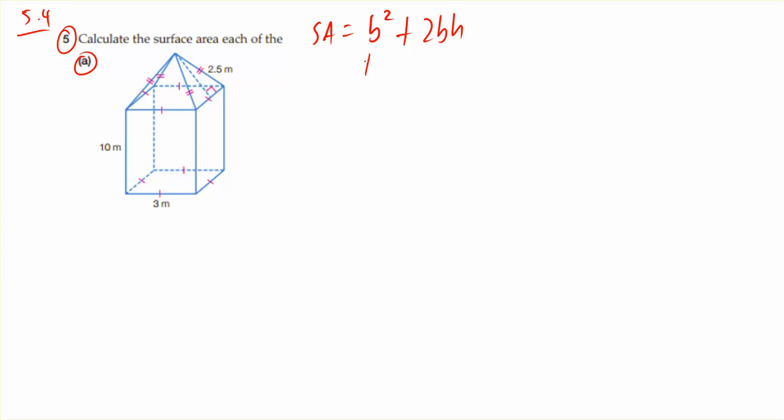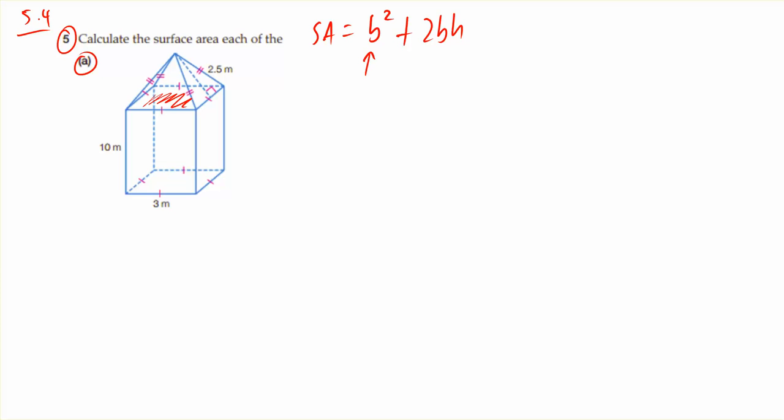Now remember, the b squared represents the base of the square base pyramid, which we don't want because this part is not exposed to the air at all, so we're not going to count it.